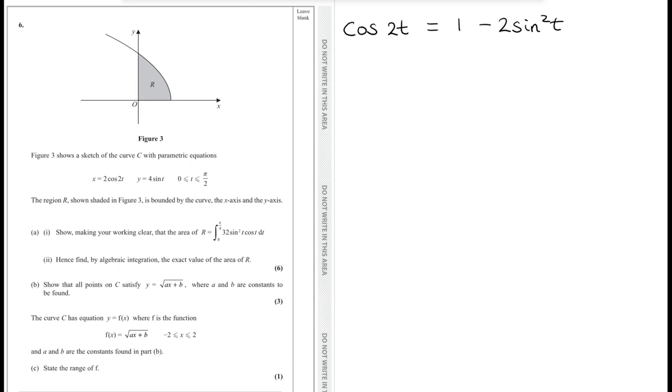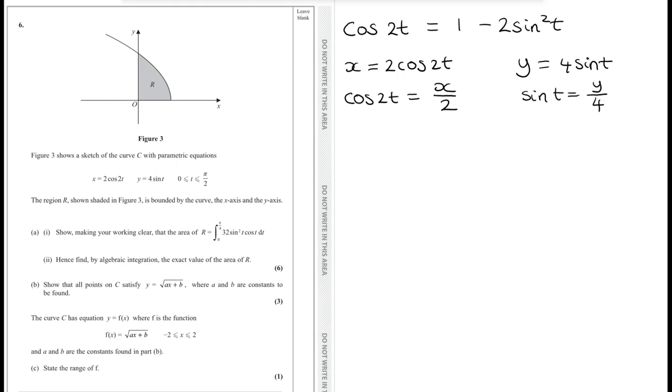sine squared t. Because what I can do with that is, looking at the fact that x equals 2 cos 2t, that will mean that cos 2t is just x over 2. And if y is 4 sine t, sine t will be y over 4.